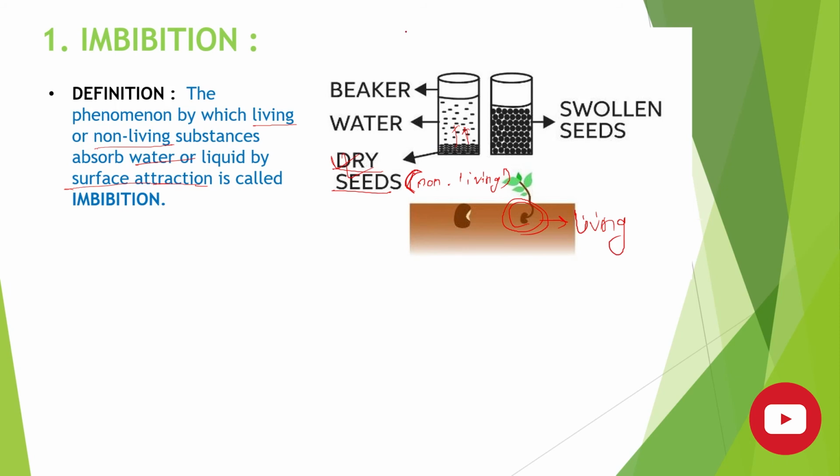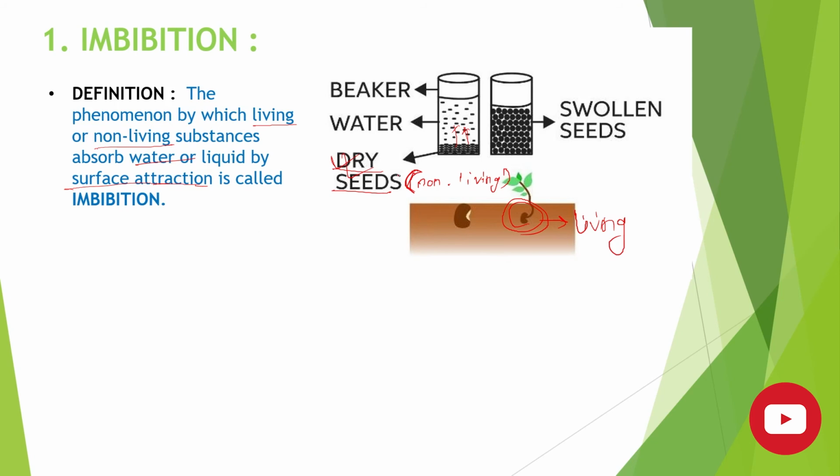The dry seeds are absorbing water due to the attraction that they exert on the water molecules. So that is simply surface attraction. It is nothing but the intermolecular force of attraction provided by a particular substance on a liquid, due to which the liquid molecules go inside the substance or diffuse into it.